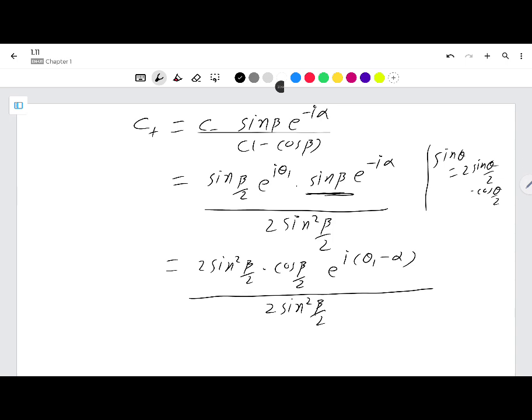Okay, so this gives us C plus equal to cos beta by 2 e power I (theta 1 plus alpha).